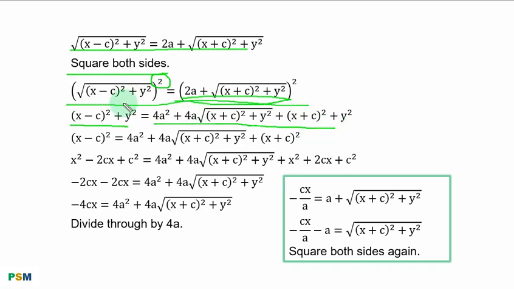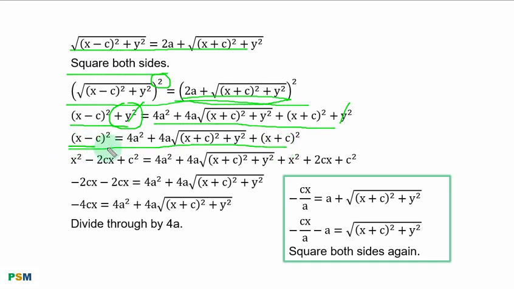Now, if you transfer this plus y square to this side, it becomes negative. So plus y square minus y square is 0. This term and this term are gone. You have this result remaining.